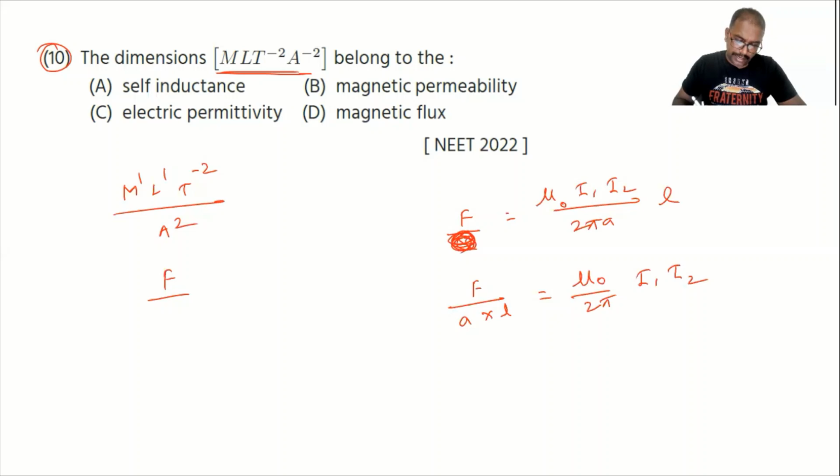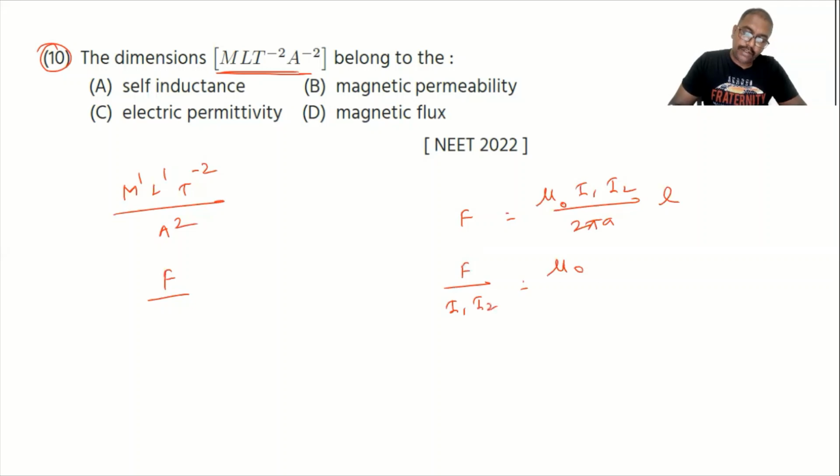Or F divided by I1 I2 is equal to mu 0 divided by 2 pi, then L divided by A.